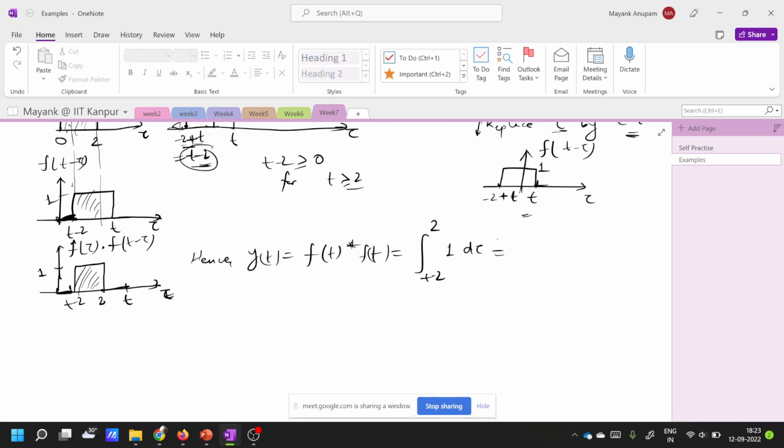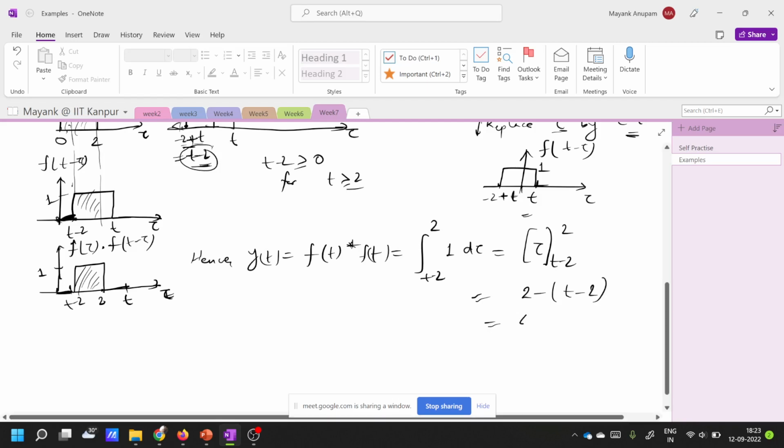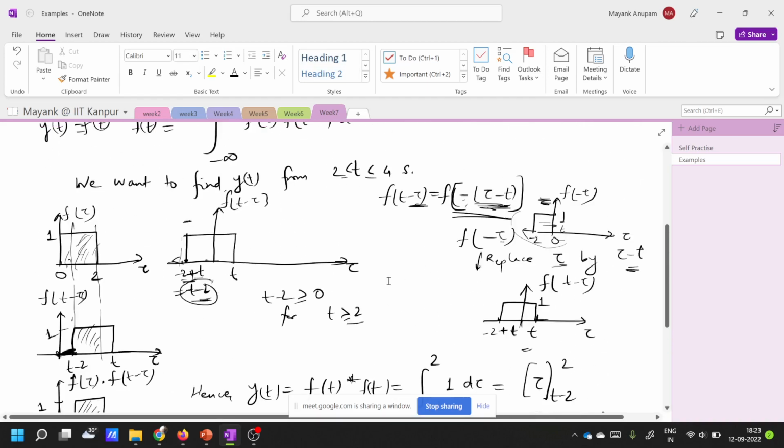Quickly tell me. Tau from t minus 2 to 2 will be 2 minus t minus 2, which is 4 minus t, isn't it? Correct? So this is indeed the answer. This is 4 minus t volts.